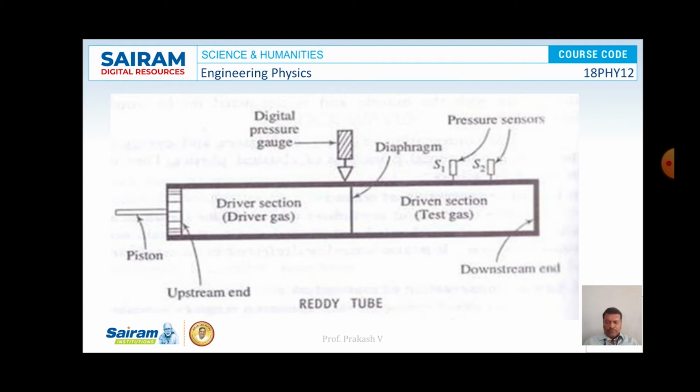A port is provided at the closed end of the driven section for filling the test gas. The driver section is filled with a gas called driver gas, which is held at relatively high pressure due to the compressing action of the piston. The gas in the driven section is termed the driven gas.